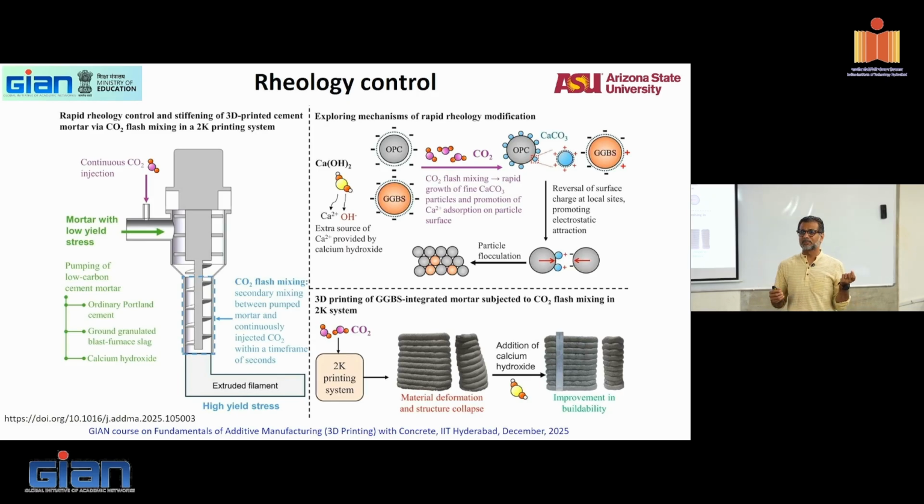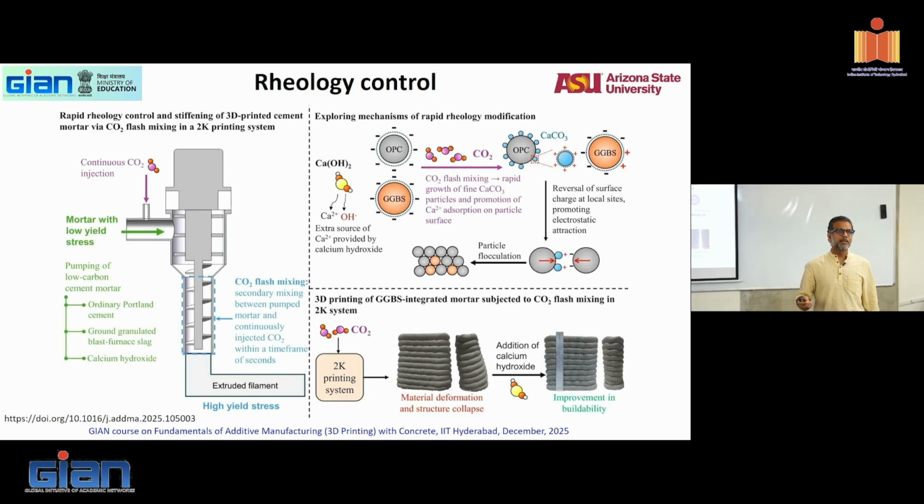But the amount of calcium carbonate that's going to be formed is very, very, very small. This is a nice laboratory experiment. It's very difficult to see it actually working in practice efficiently, but nevertheless, one method that people have looked at. There is a CO2 flash mixing where you inject CO2 at the auger, at the nozzle, and then you extrude the filament.